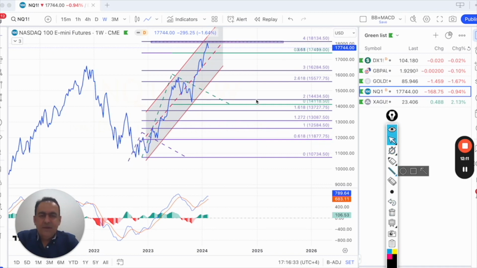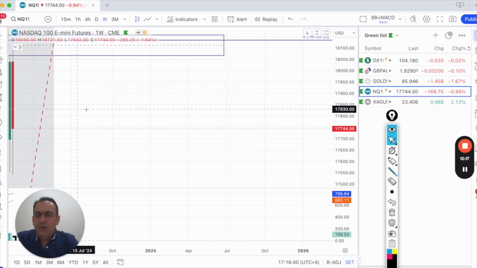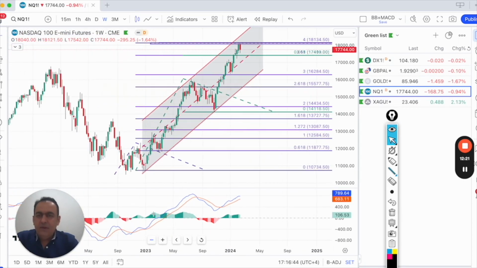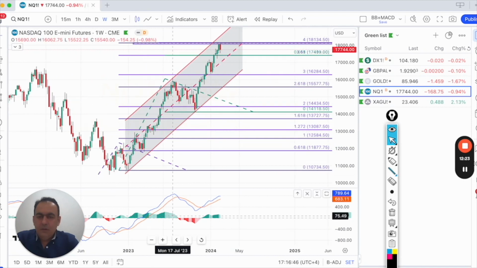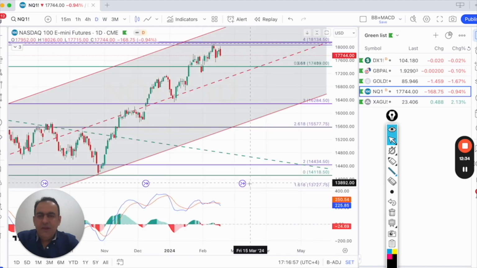NASDAQ has precisely reached the Fib extension 400% of the first bullish cycle, and it has started forming a slowdown based on MACD. On the weekly time frame, I'm expecting that bearish divergence would be completed in the coming days, and on the daily time frame, it has already completed bearish divergence.